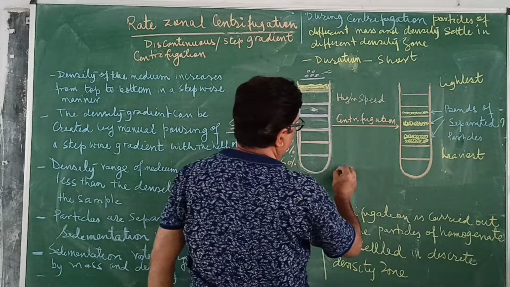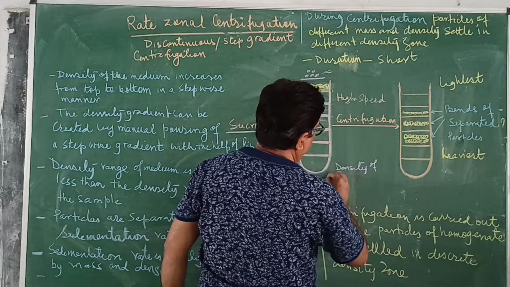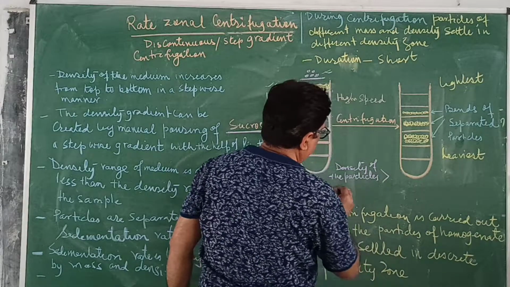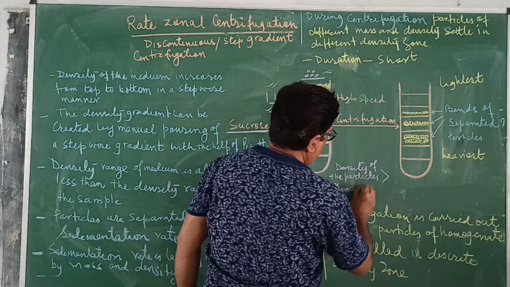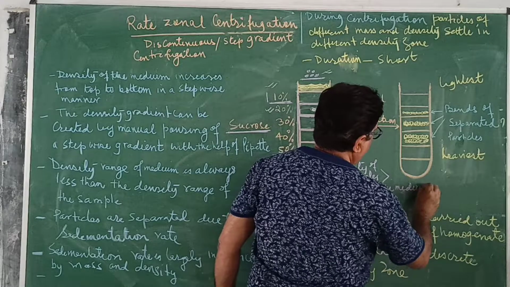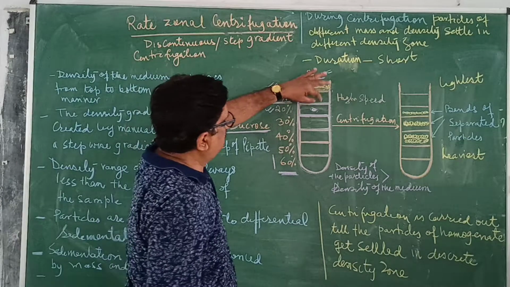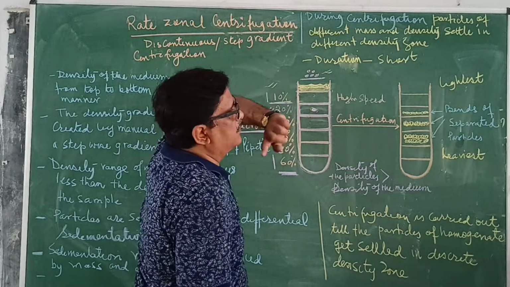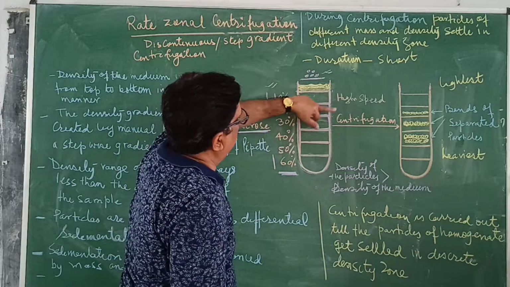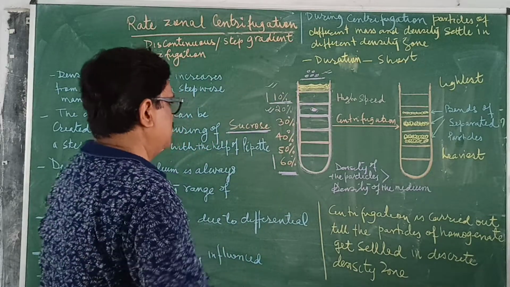That means the density of the particle at any point should always be greater than the density of its medium.